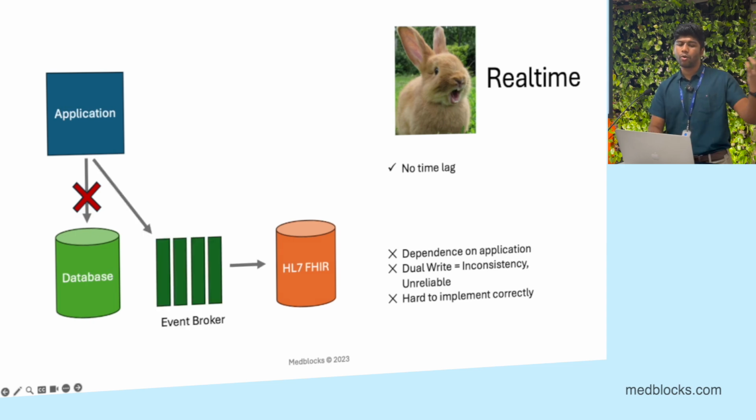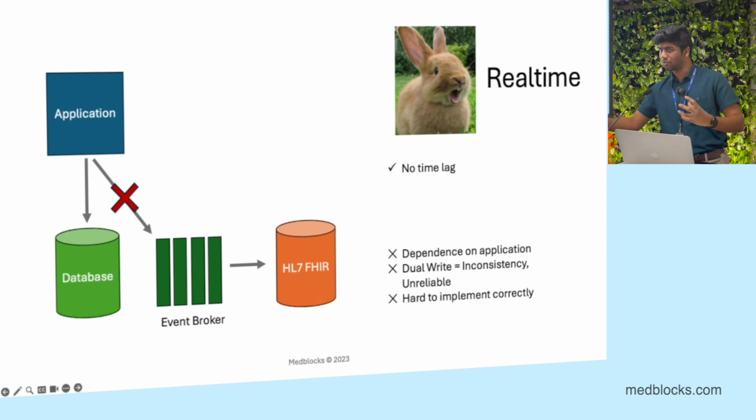Some people might think, okay, can my application directly push data to an event broker, like Kafka, right? And you have the same problem again. What if the database transaction goes through, but right before your application pushes data to Kafka, the server crashes, right?